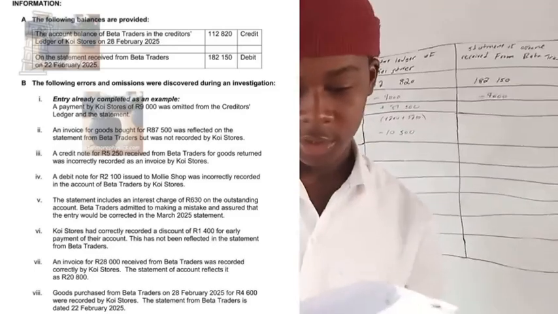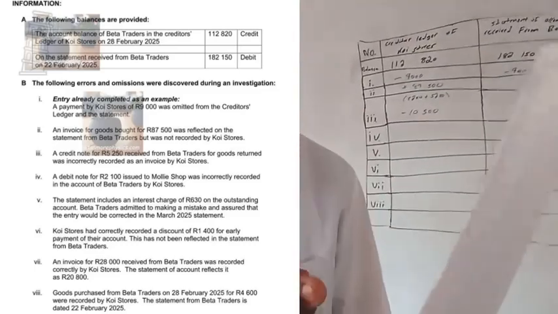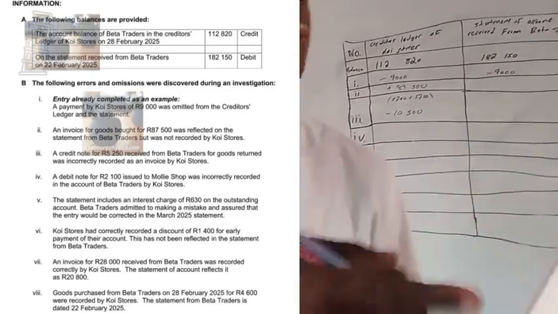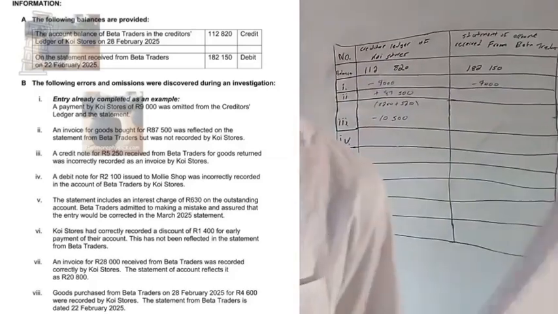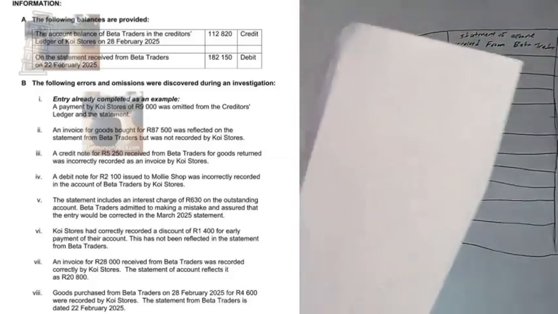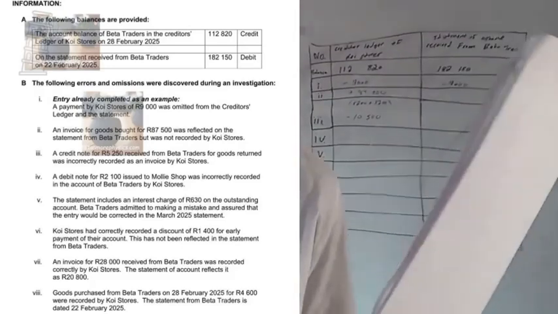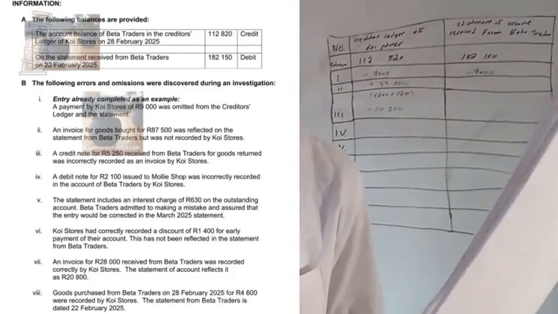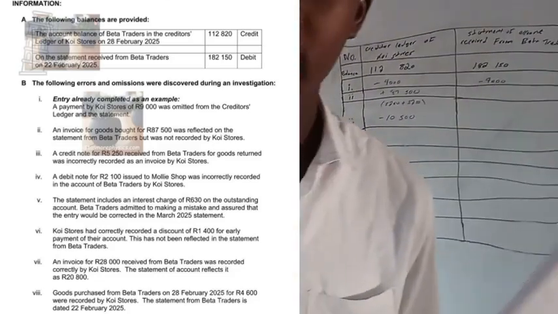You see? So they're saying that a debit note for 2,100 was issued to Molly Shop and was incorrectly recorded. It was issued to Molly Shop, not Beta Traders. Us, we made a debit note. We returned goods to Molly Shop, but we made a mistake by recording it in the statement for what? For Beta Traders.